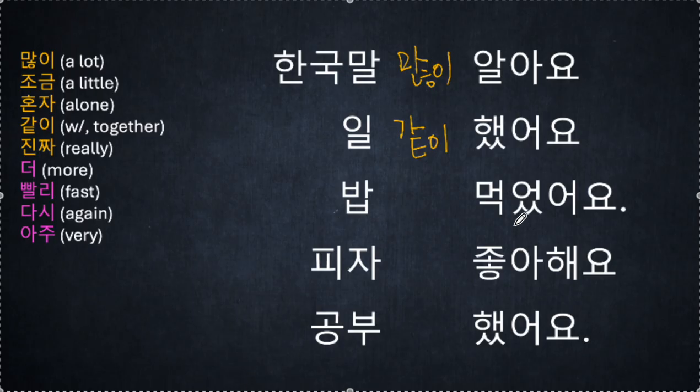How would you say, I ate alone? 밥 혼자 먹었어요. How would you say, I like pizza a lot? 피자 많이 좋아해요. How would you say, I studied a lot? 공부 많이 했어요.